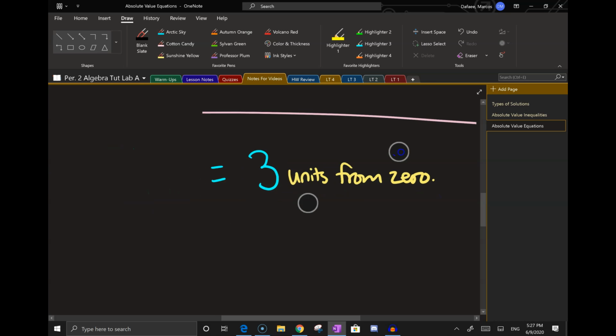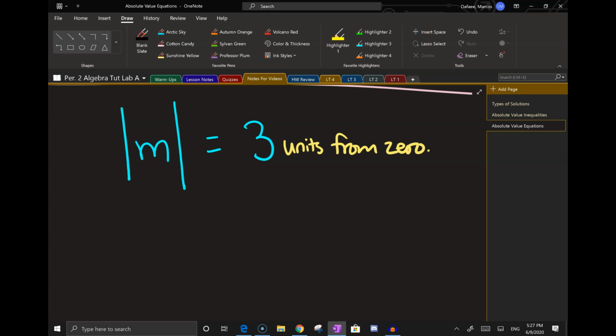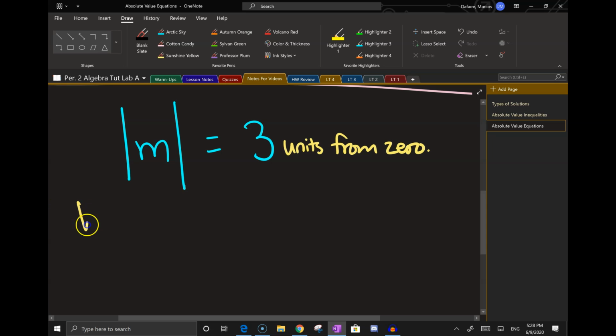Okay, and we can turn this into a question, which I will also write for you. Instead of saying what is the absolute value of m is equal to 3, which doesn't really help us to think of a way to answer it, we can try to express this as a question that makes a lot of sense. And that would be, in my opinion, something like this: what number? So what number represents just the m, the variable.